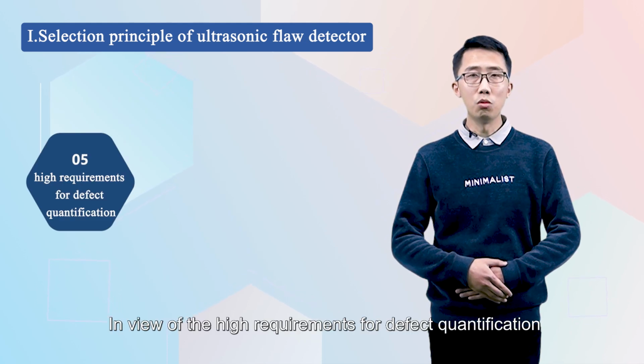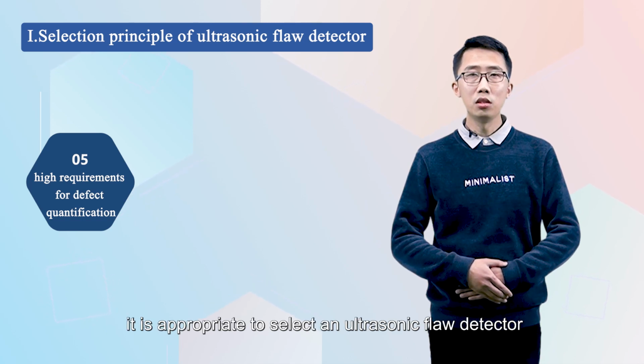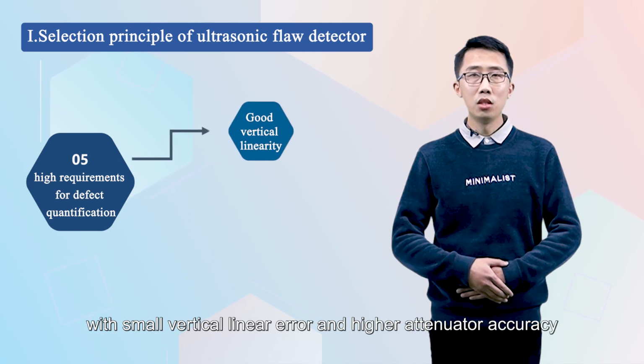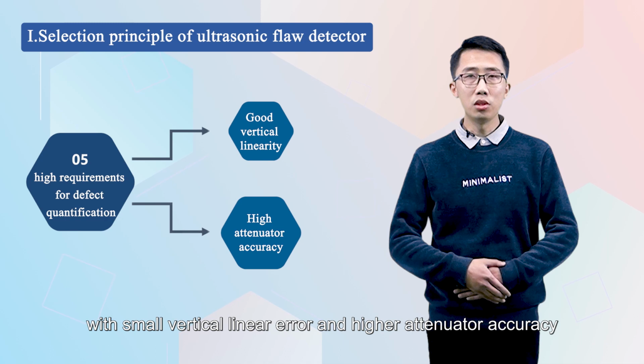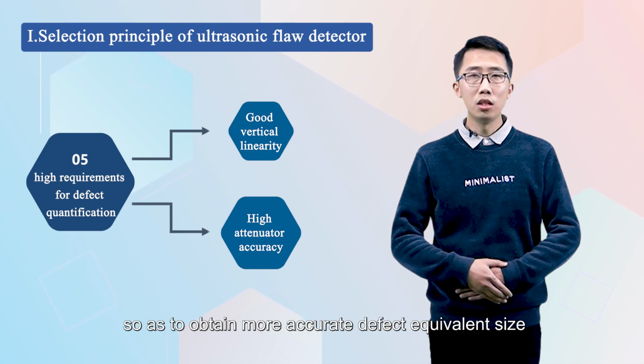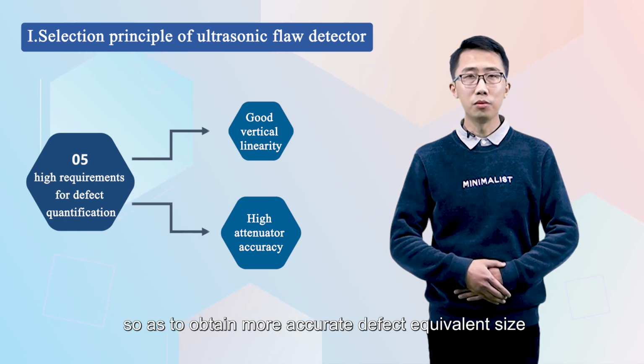In view of the high requirements of defect quantification, it is appropriate to select an ultrasonic flaw detector with a small vertical linearity error and higher attenuator accuracy, so as to obtain a more accurate defect equivalent size.